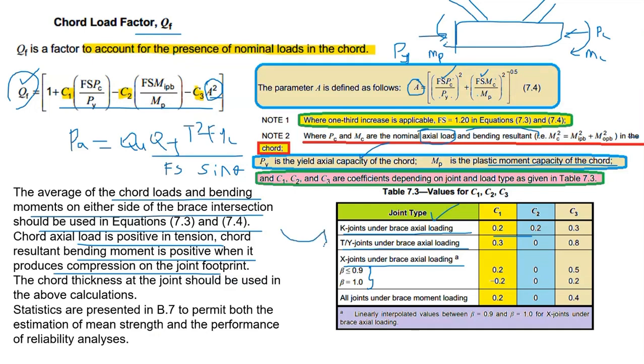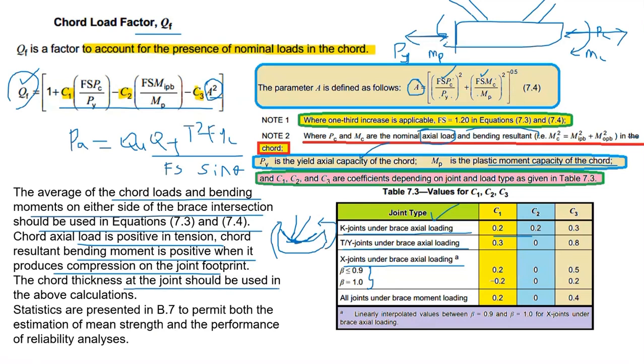So if the bending moment in the chord is like this, that will produce the top fiber on the joint footprint in compression. So that moment is positive. And chord axial load is positive in tension. That means compression is negative. So if the load is in tension, then the PC value is positive.